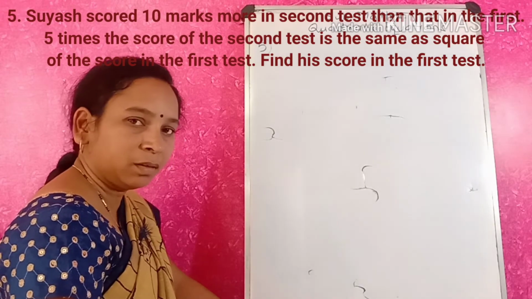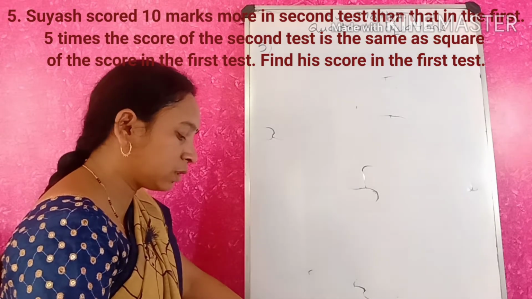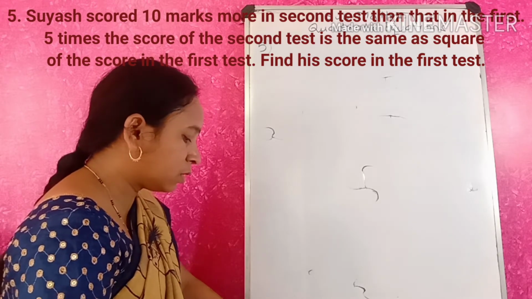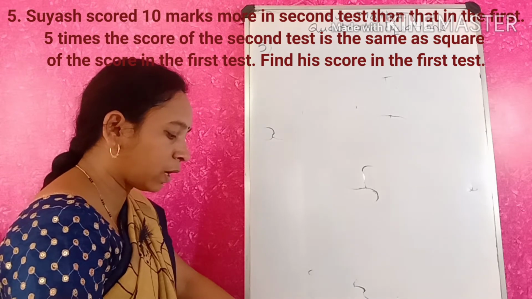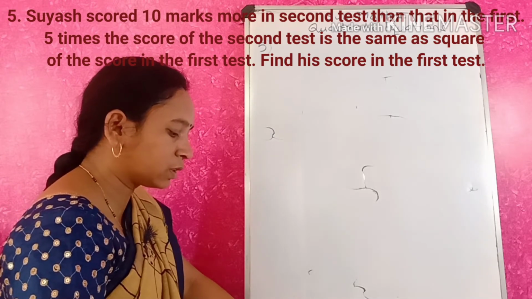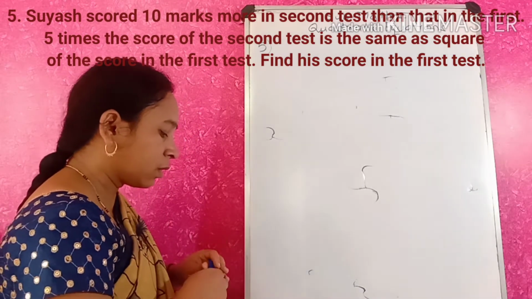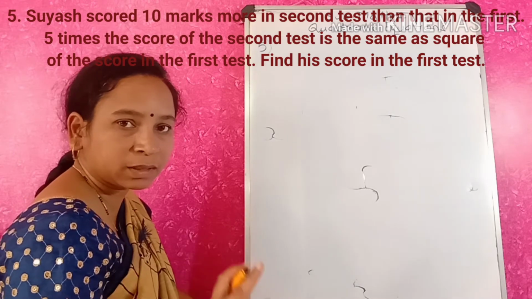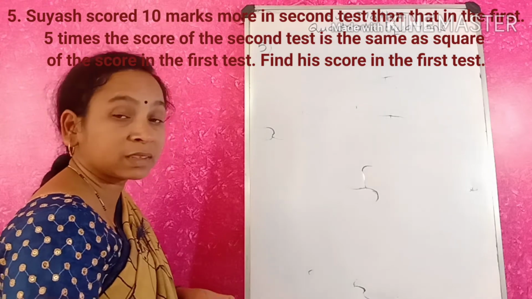Fifth example, Suyash scored 10 marks more in the second test than in the first. 5 times the score of the second test is the same as the square of the score in the first test. Find his score in the first test. Now here Suyash has taken two tests, first test and second test, and they have said the difference: he has got 10 more marks in the second test.